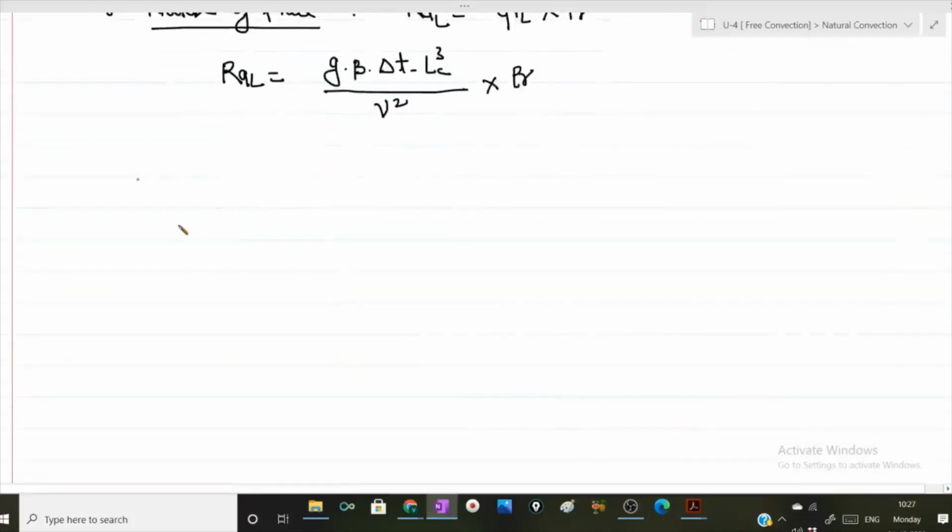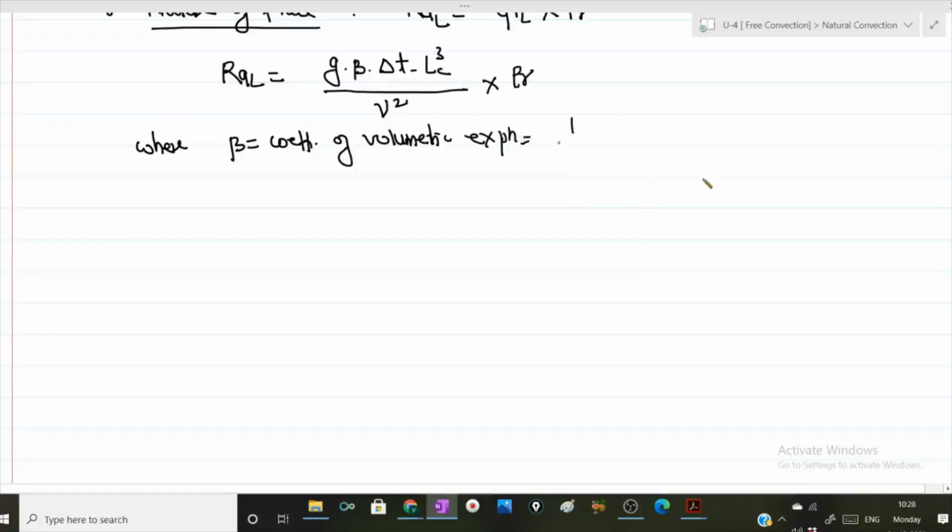In the above equation, g is 9.81 meter per second square, beta is the coefficient of volumetric expansion, and it is given as 1 over mean film temperature in Kelvin.